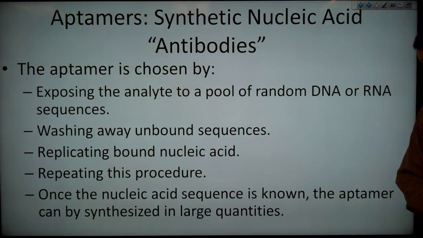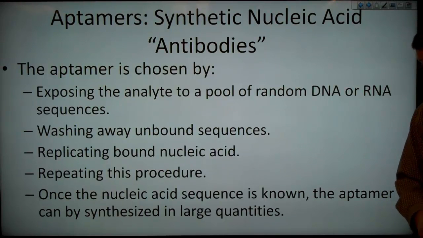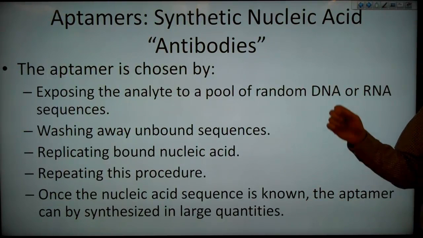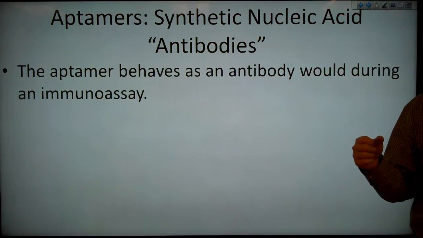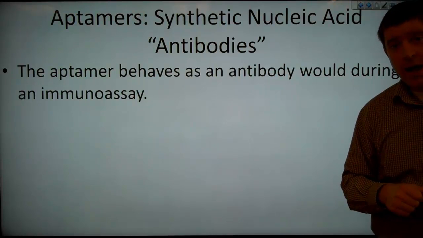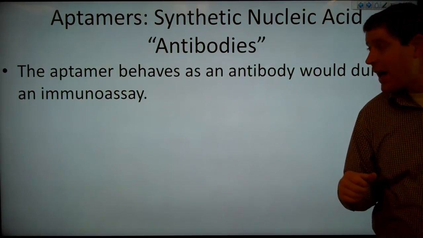Once our nucleic acid sequence is known, the aptamer can be synthesized in large quantities. The aptamer behaves just as an antibody would in an immunoassay, so we can use it just like an antibody. It's essentially an artificial antibody that we've made in the lab.